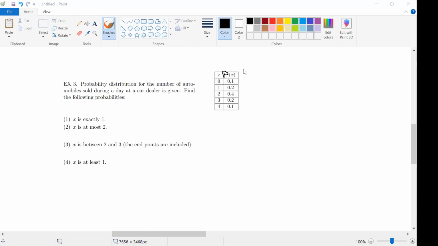Definitions of what, Kylie? Kylie, are you referring to the definitions for the types of random variables?